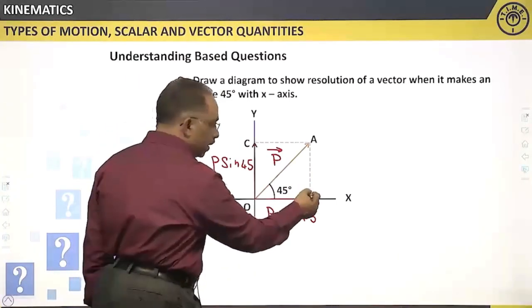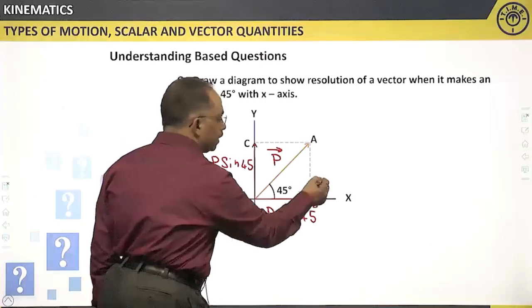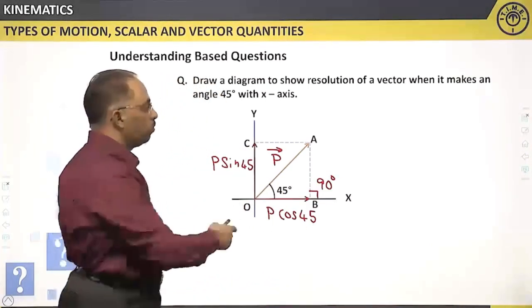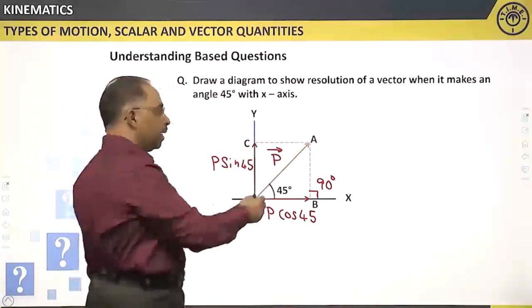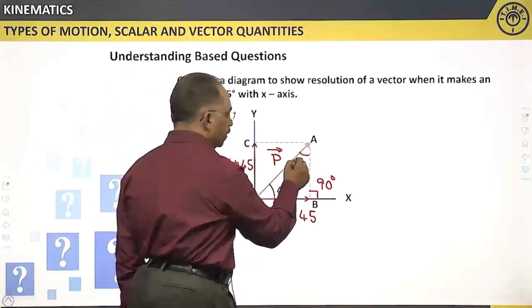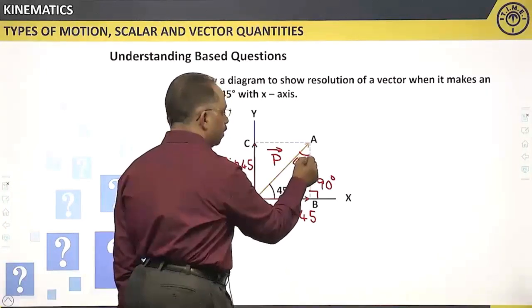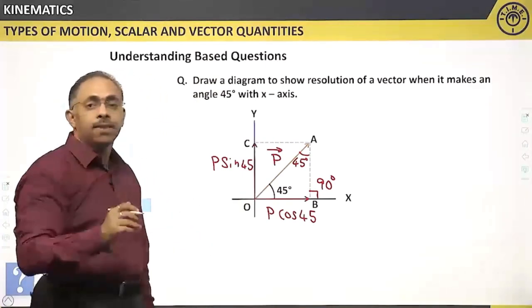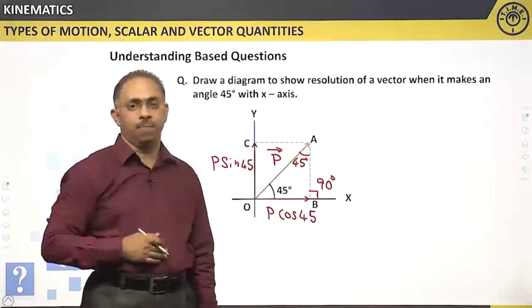That is also obvious with the figure OBA. If this angle is 90 degrees for sure, and this is given as 45 degrees, what will be this angle? This angle is also equal to 45 degrees. That means the triangle OBA is an isosceles right angled triangle.